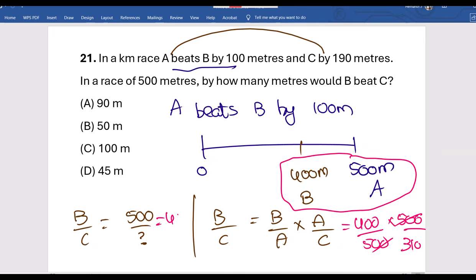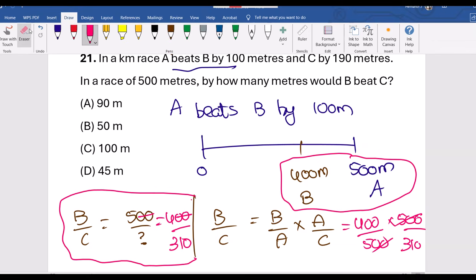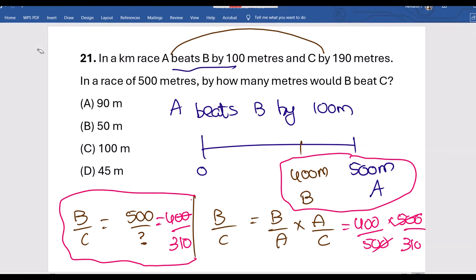But I want this in terms of the question mark, which you have to calculate. Cross multiply, these zeros cancel. Wait, sorry. I don't want to cancel also. I want 500 divided by something, so 400 should be shifted to 500.